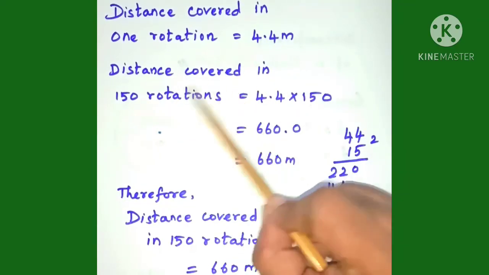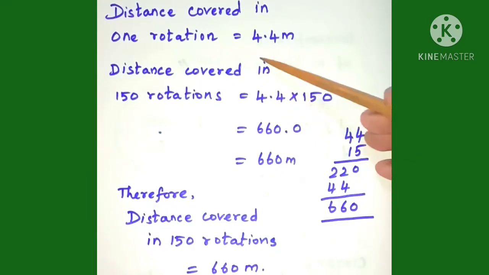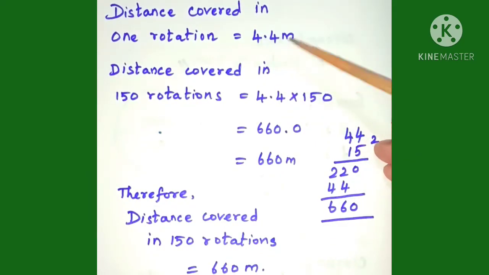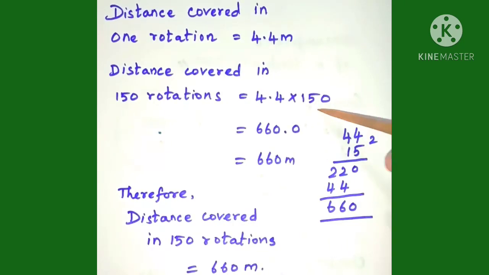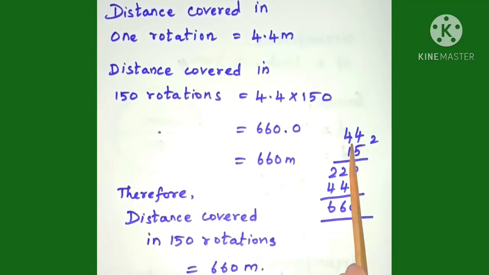So, distance covered in 150 rotations means we have to multiply 150 with 4.4 meter. So, 4.4 into 150. So now students, listen carefully. First multiply the values without decimal point, and after that in the solution we can put the decimal point.